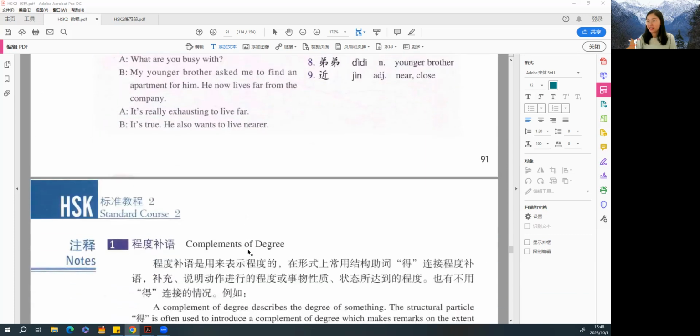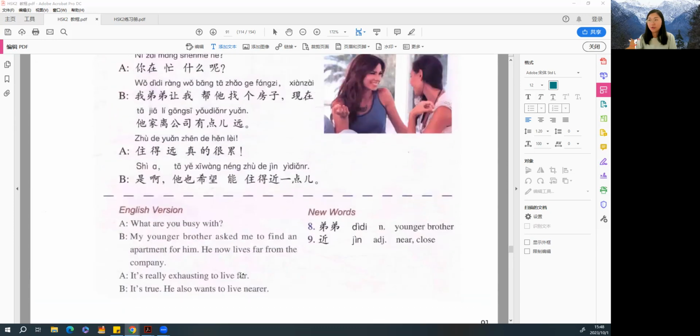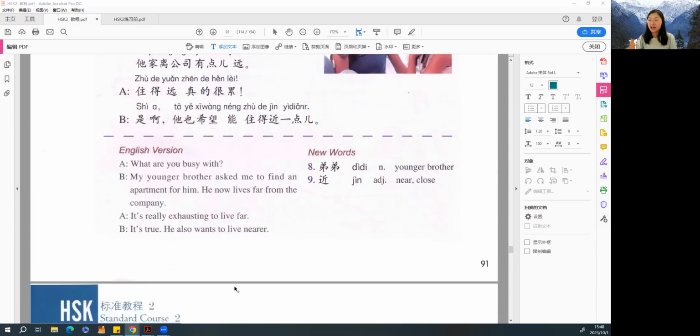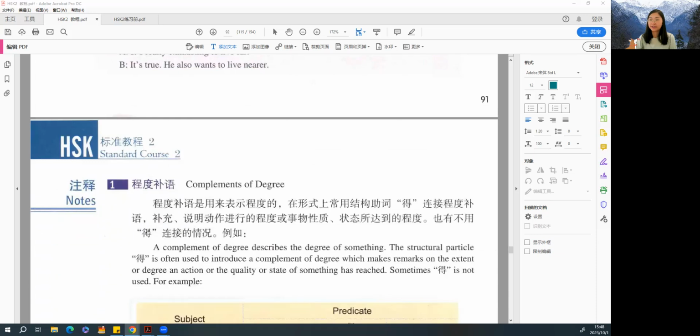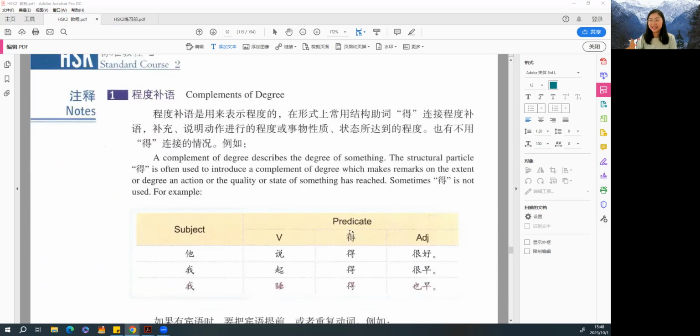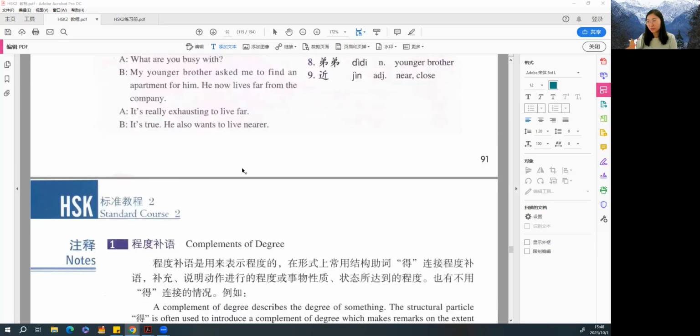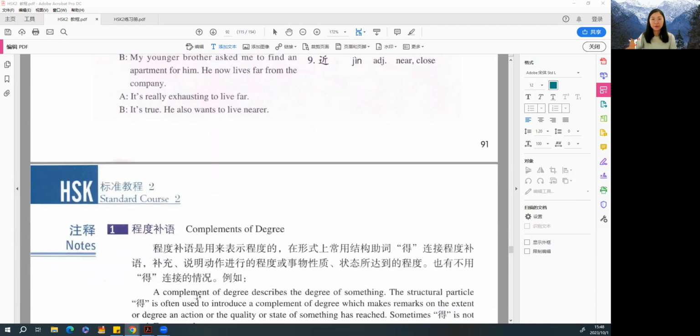All right, that's it for today's lesson, and in our next class we will take a look at the complement of degree 得. We already know so much about the 得 in our text.